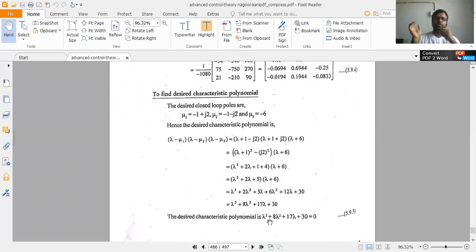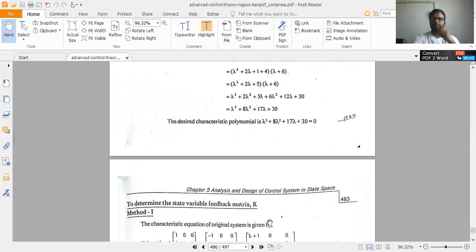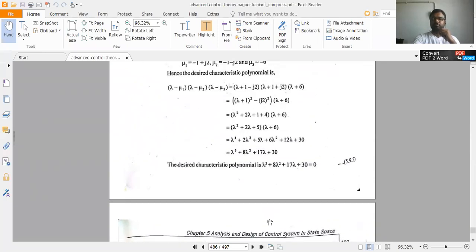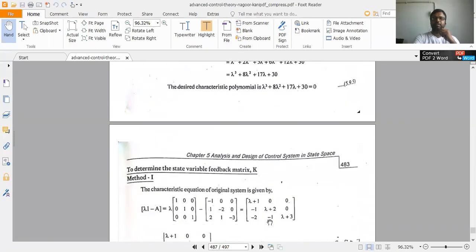After determining all these parameters, you have to enter into the three methods which we are having for determination of the capital K. I will discuss all the three methods used for the determination of the capital K in the next class.